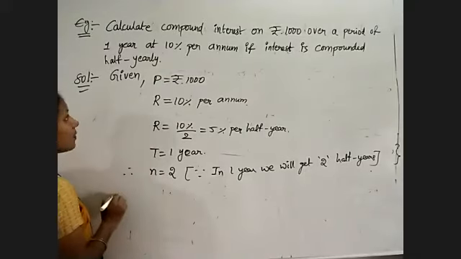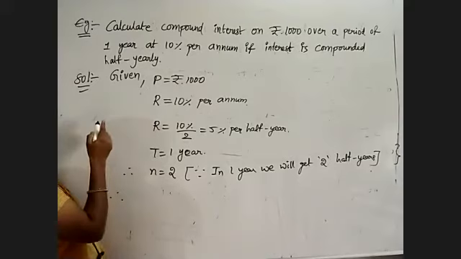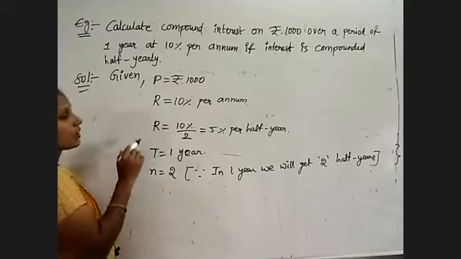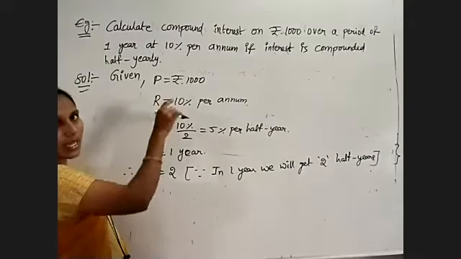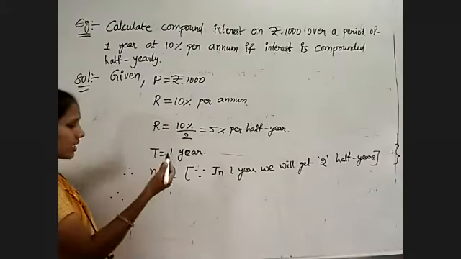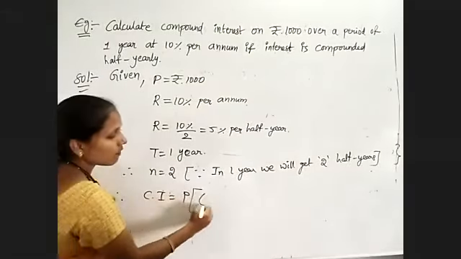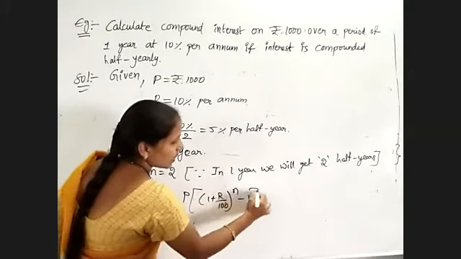Therefore, we have to calculate compound interest. Compound interest we have to find, not amount. Even though they did not ask amount, we must find out the amount. After that, we will get the interest by using amount minus principal. Otherwise, use directly compound interest formula, that is P into (1 plus R by 100) whole to the power of n, minus 1.